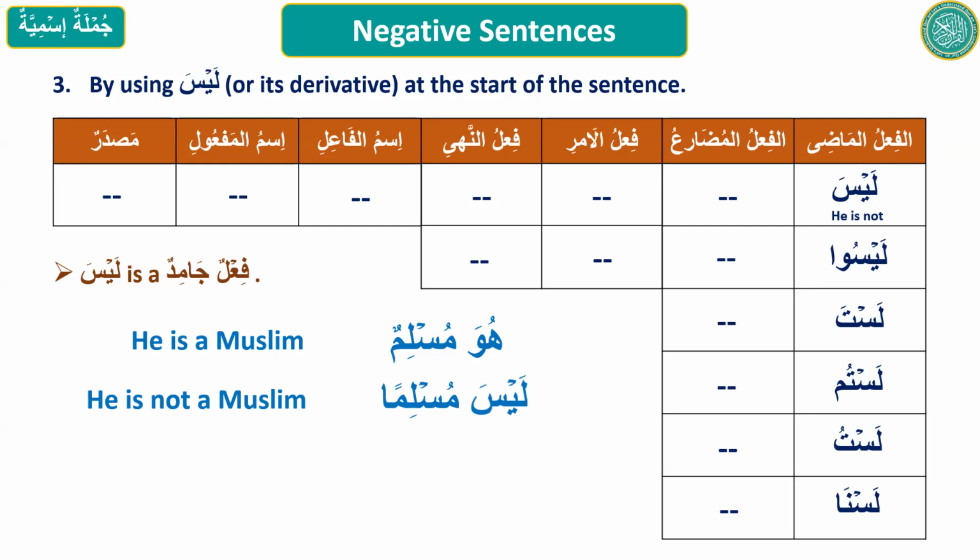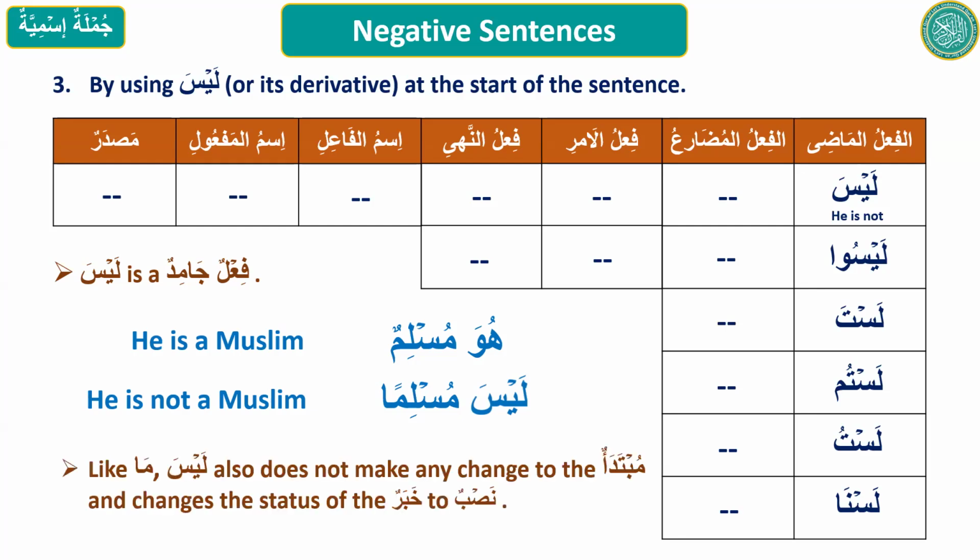So this is the third way of making a jumla ismiya negative. He is not a Muslim. Laysa musliman. All right. So like ma, laysa also does not make any change to the mubtada. Mubtada is still he, huwa. You cannot see it because it is hiding inside laysa now. But huwa is still there, and there has been no change to it.